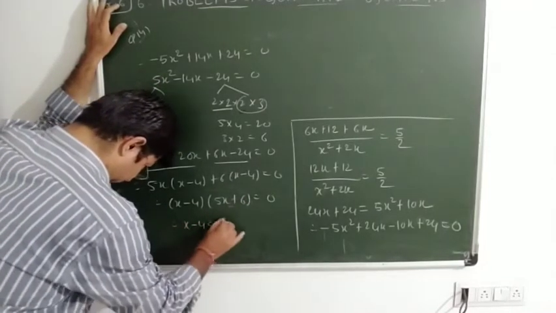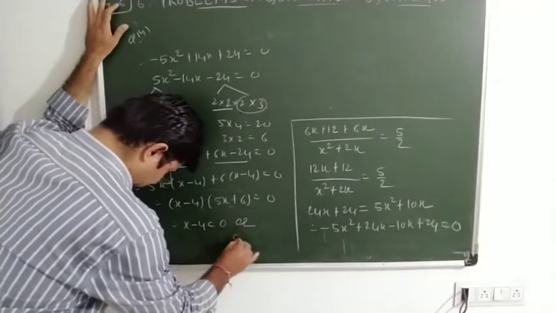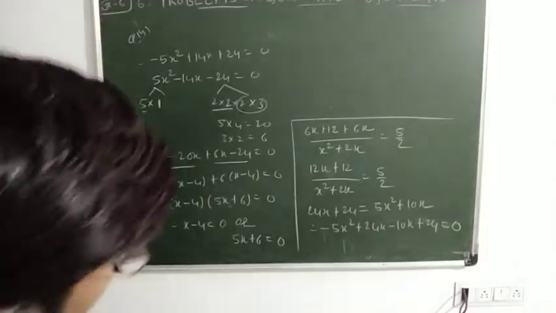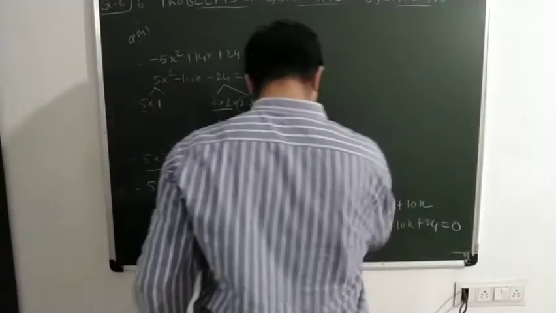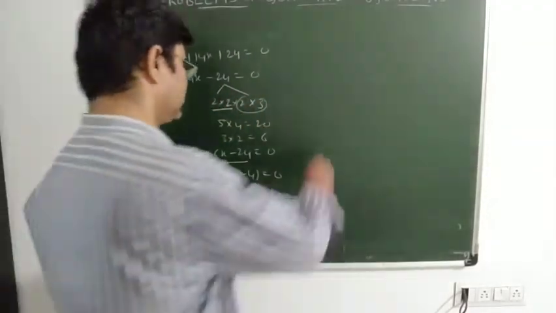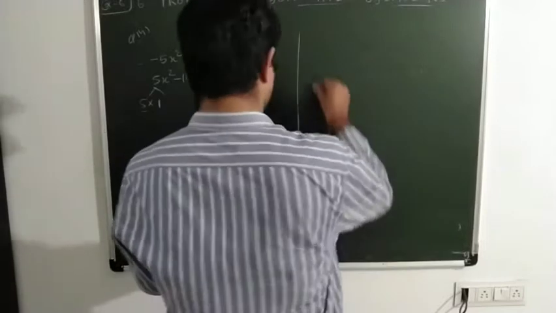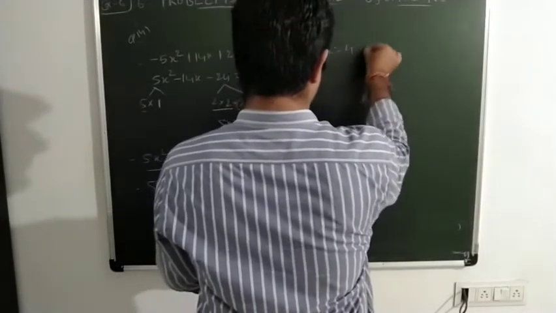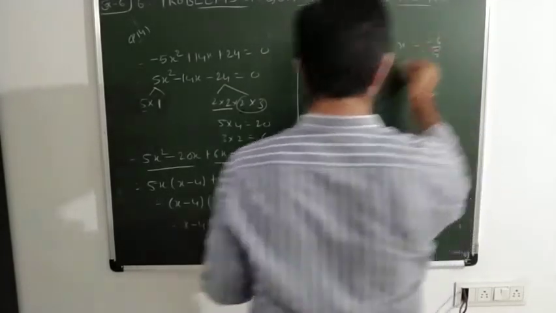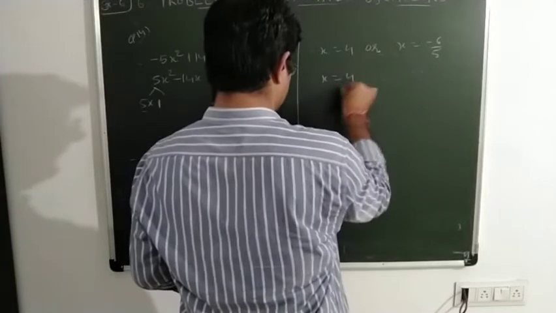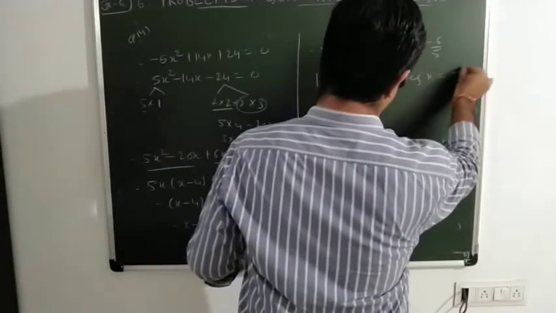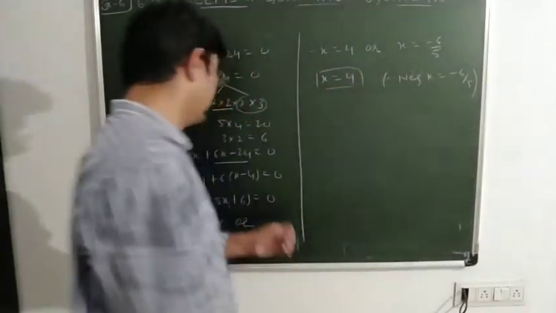Therefore x minus 4 is equal to 0, or 5x plus 6 is equal to 0. Therefore x is equal to 4, or x is equal to minus 6 upon 5. Therefore x is equal to 4, neglecting x is equal to minus 6 by 5.